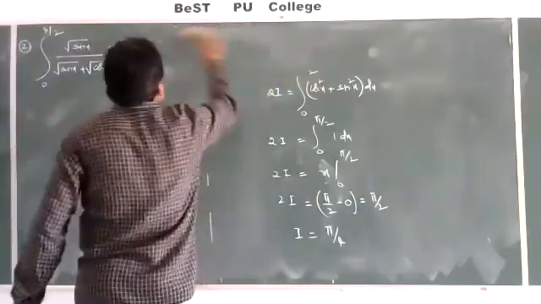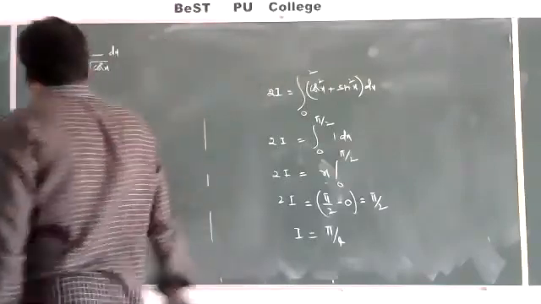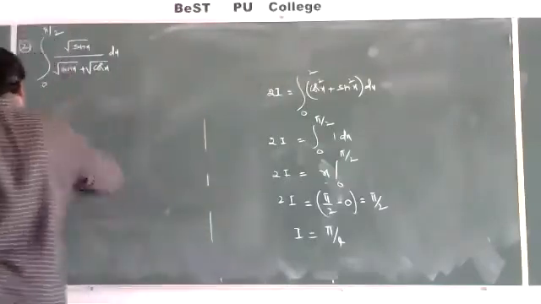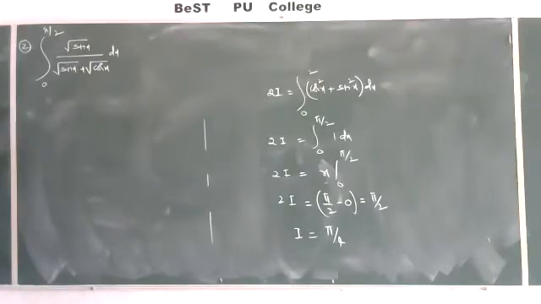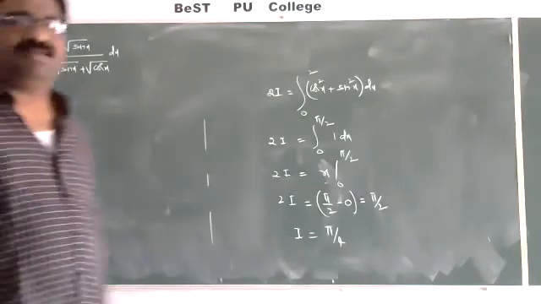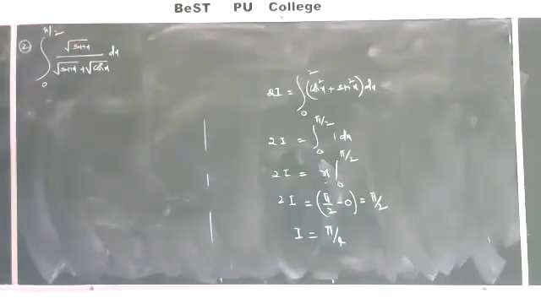Here also we use the same property: integral 0 to a of f of x dx is equal to integral 0 to a of f of a minus x dx. The process is the same.